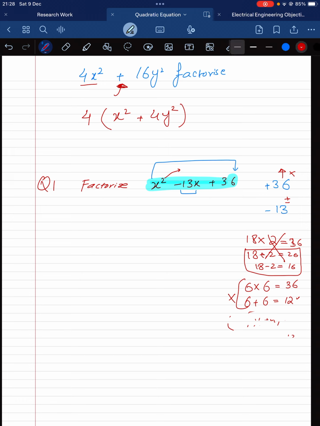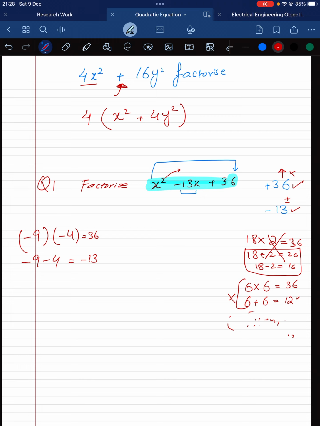So I am taking minus 9 and minus 4. When you multiply them, you will get 36, and when you add them, minus 9 minus 4, you will get minus 13, right? So this is according to our requirement: it's giving 36, and when you add them it's giving minus 13.